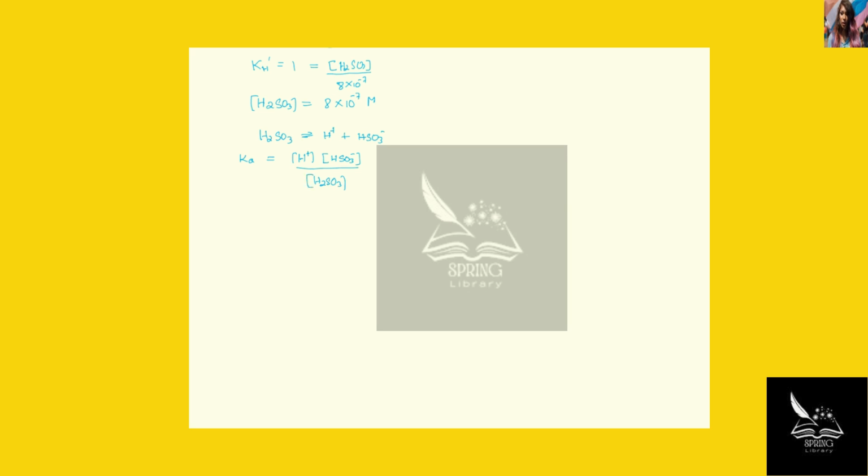We have to assume that the sulfurous acid is very weak. It is not dissociating appreciably further. So, putting the concept that the concentration of the hydrogen ion must be equal to the concentration of bisulfite anion.